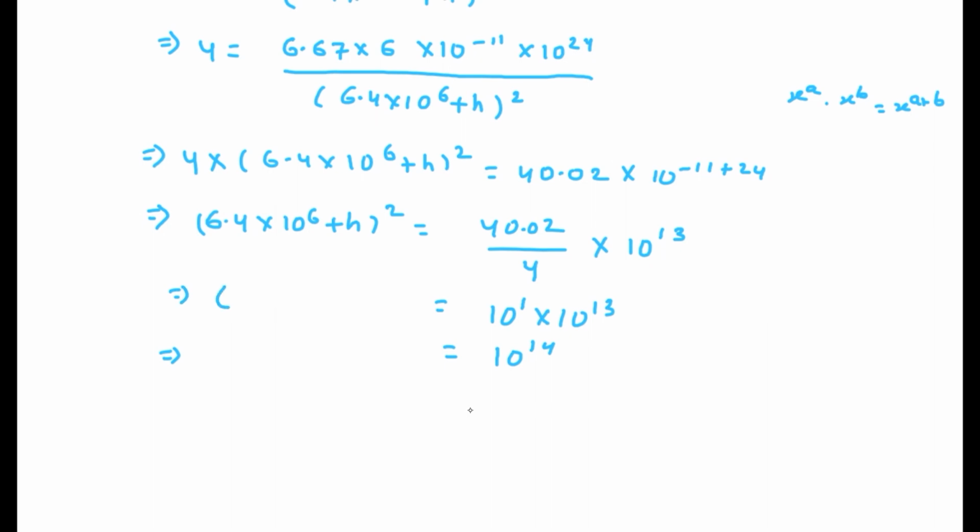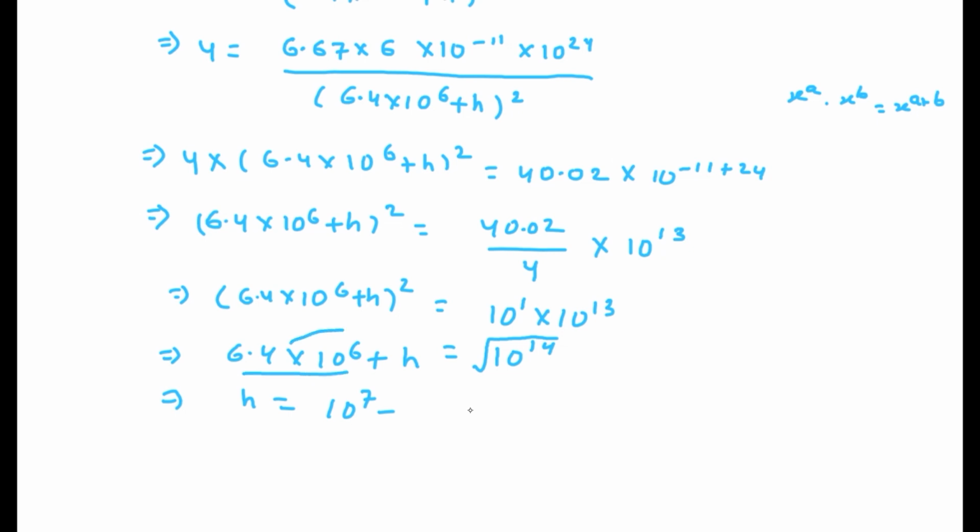Here we have (6.4 into 10 to the power 6 plus h) whole square. When you remove this square, it becomes the root, so 6.4 into 10 to the power 6 plus h is equal to root 10 to the power 14, which is 10 to the power 7.